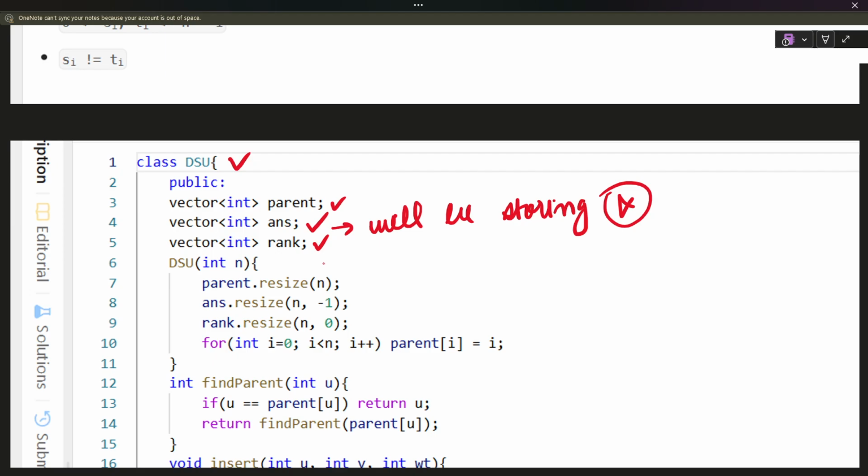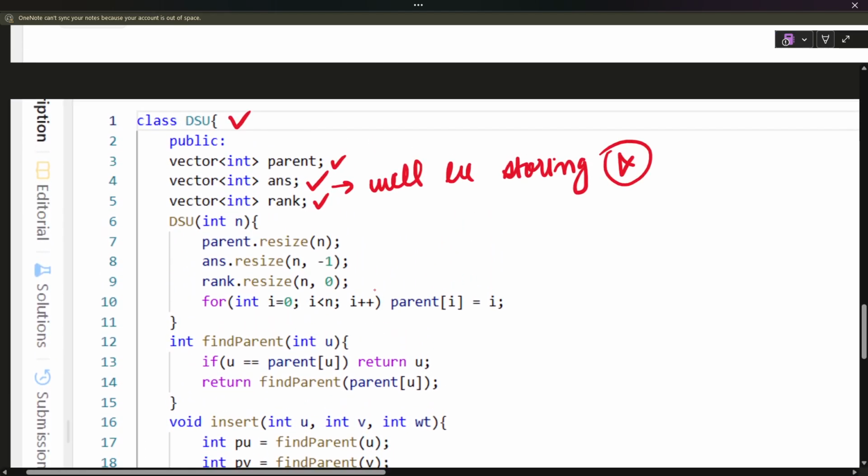We are using the rank in this question because without rank, the time complexity will increase and it will give you TLE. I solved it without using the rank and it did give me TLE at the last test case. So you should be using it.